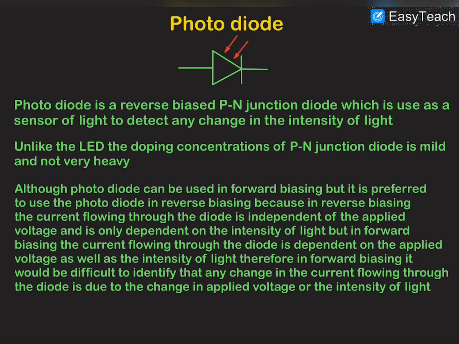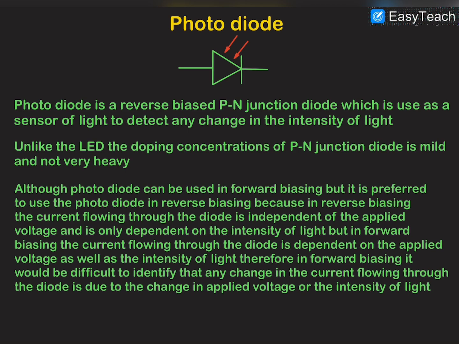This type of device, which can trigger a circuit on a change in intensity of light, is called a sensor, and a photodiode can be used for this purpose. So this is a basic explanation of what a photodiode is. I'm not going into the detail of that sensor.